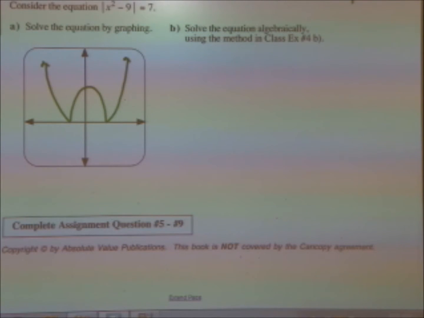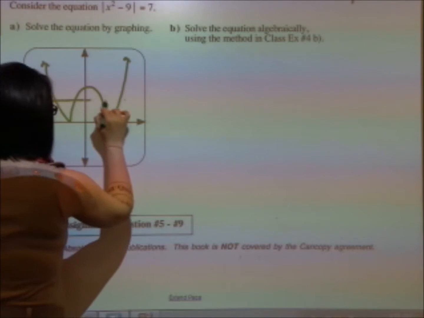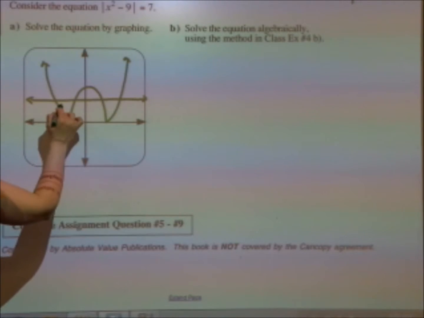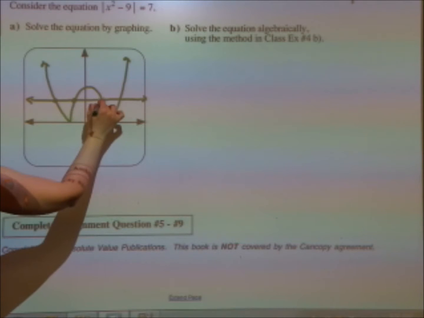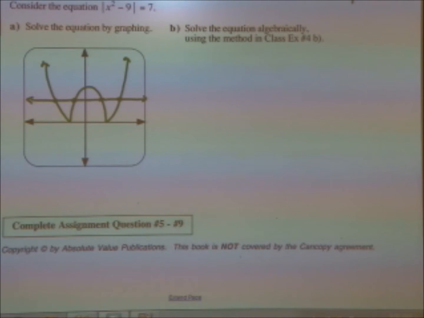And then y equals 7 will give me a line that goes through like this. And I need to find these 4 intersection points. So we get positive and negative 4 and positive and negative 1.41.